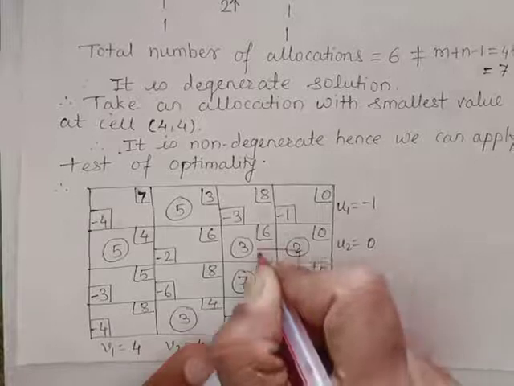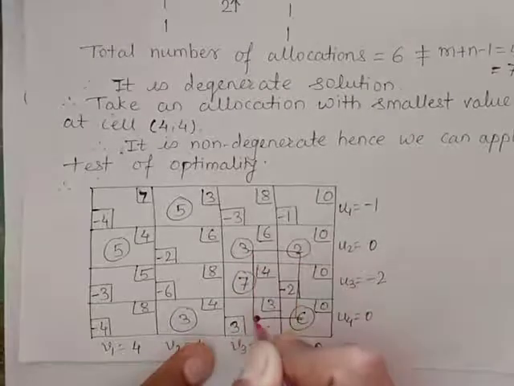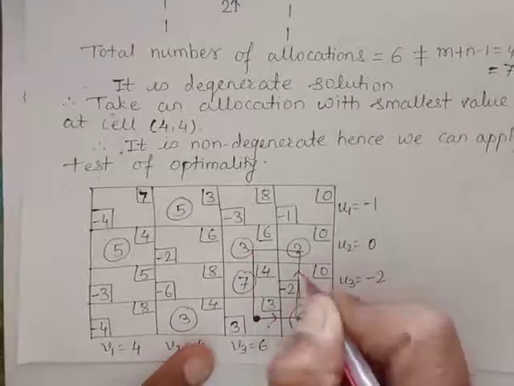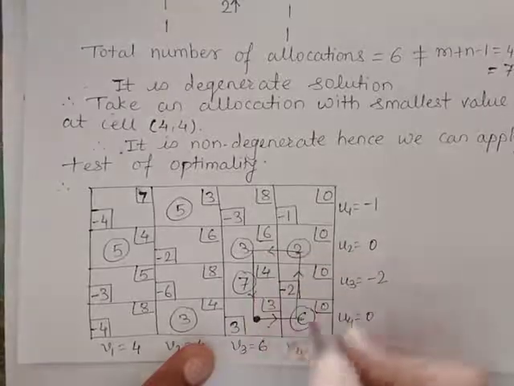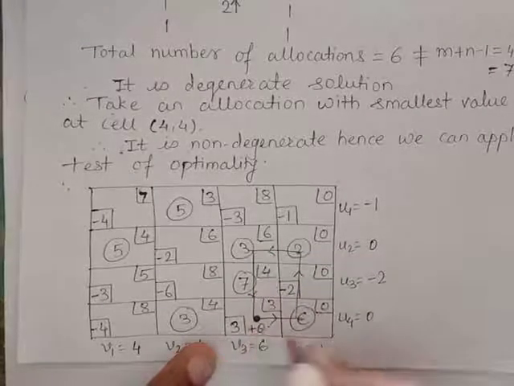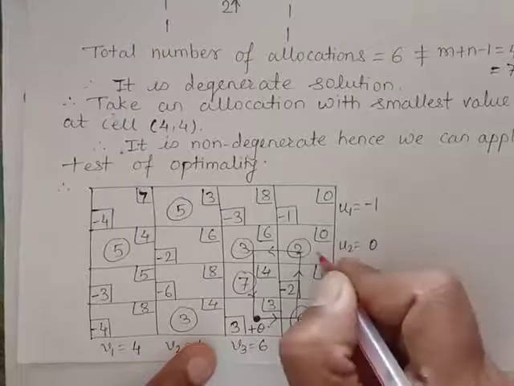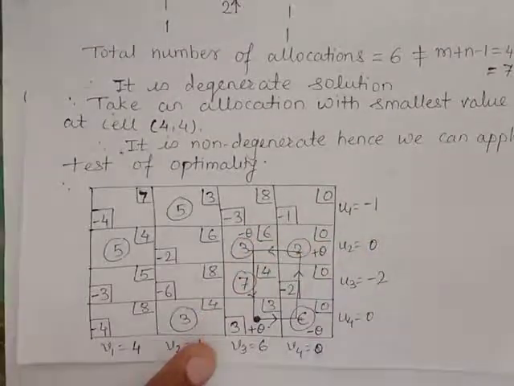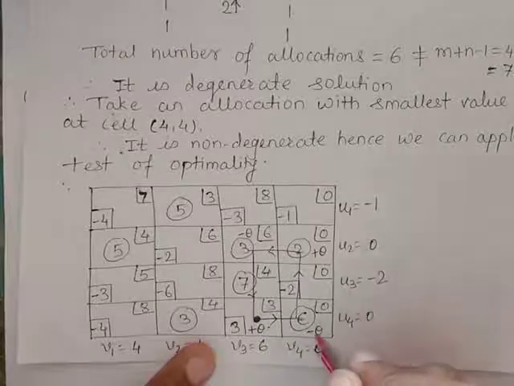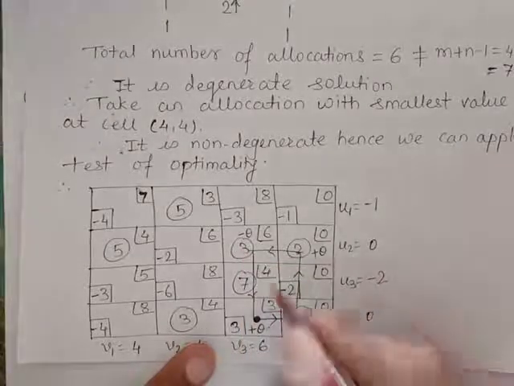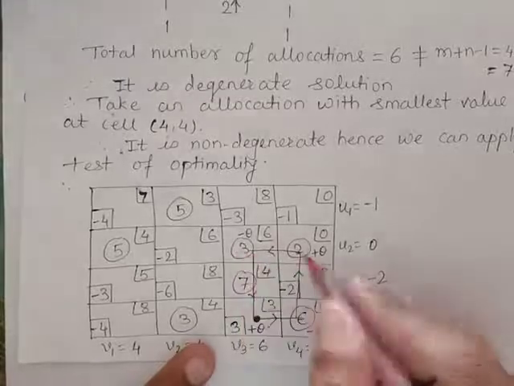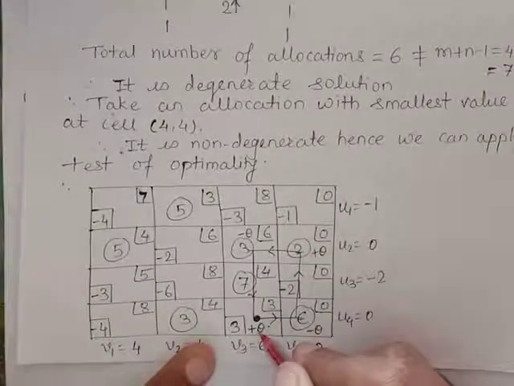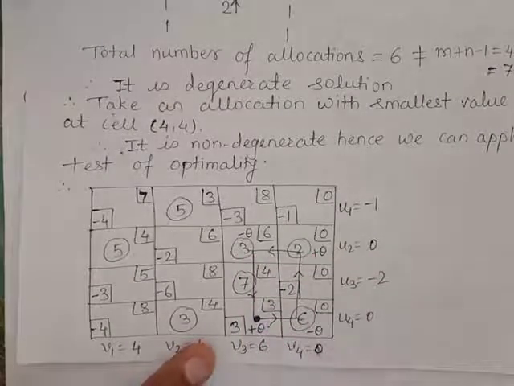We can take any direction here, it doesn't matter. So here plus theta, here minus theta, plus theta and minus theta. We have to subtract the minimum of minus theta from the minus theta cell, and we will add that in the plus theta cell. That is the rule here.